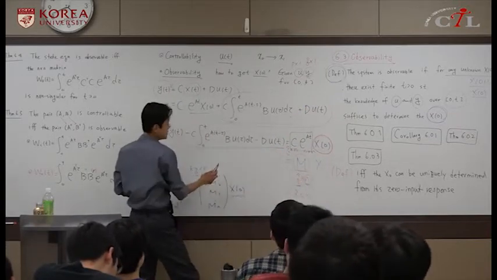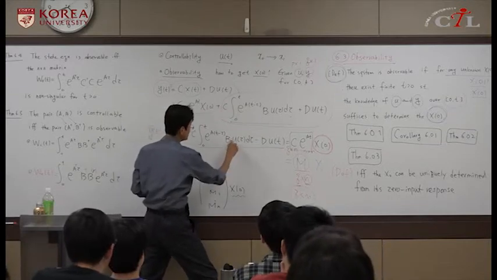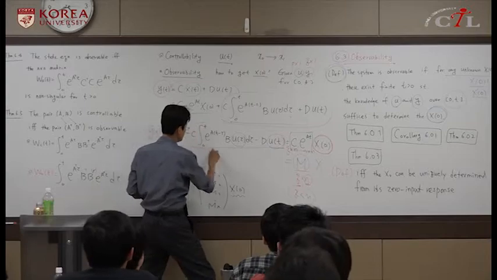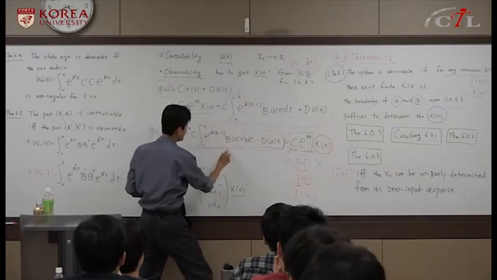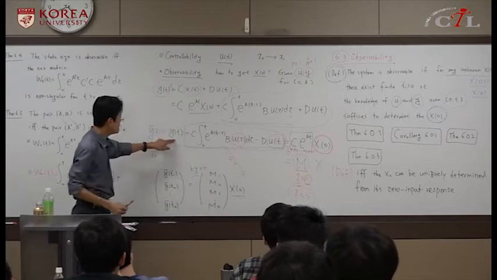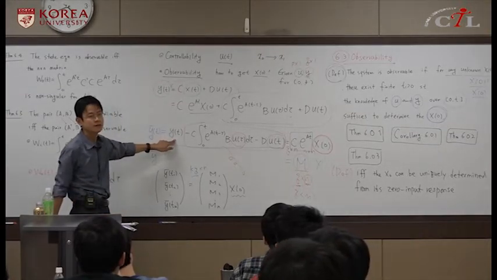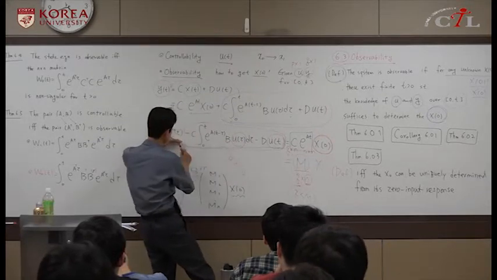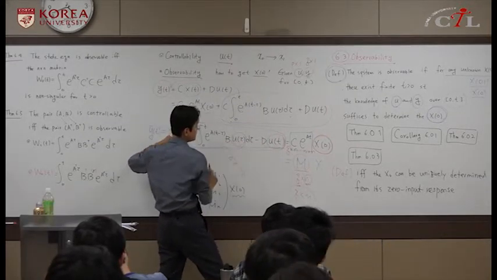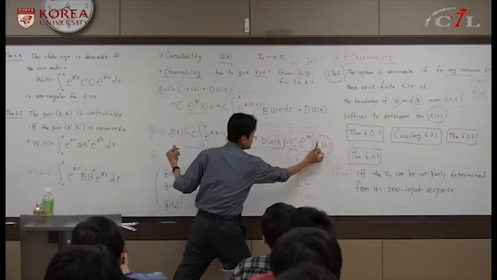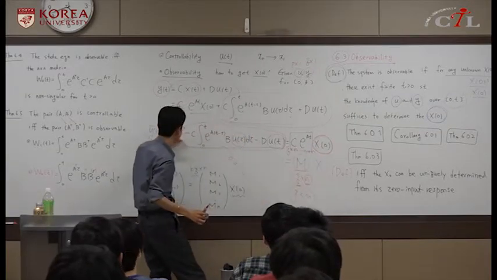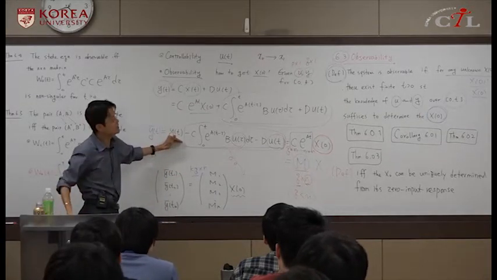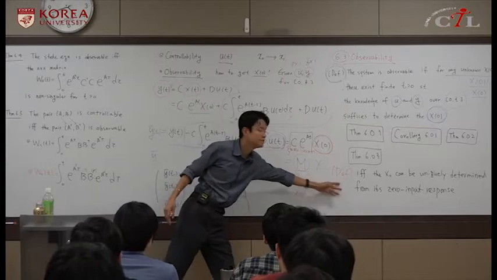The modified definition is the zero input response. So if this is the zero input response, this drops out, so only y(t) is good enough. If zero input response, no u(t). Then if the unique x naught can be determined from the zero input response, then the system is observable. So we can reiterate the definition in this way too.